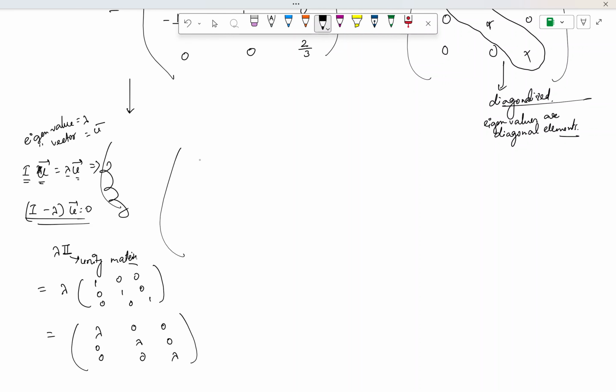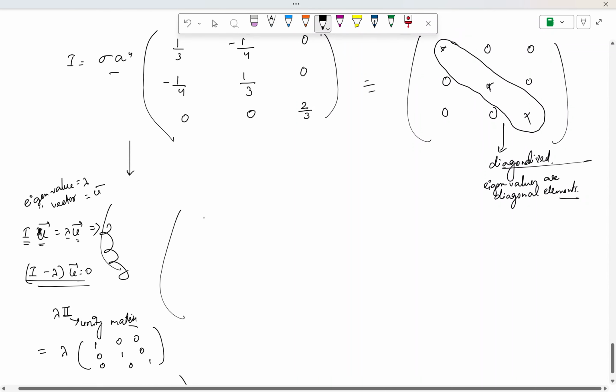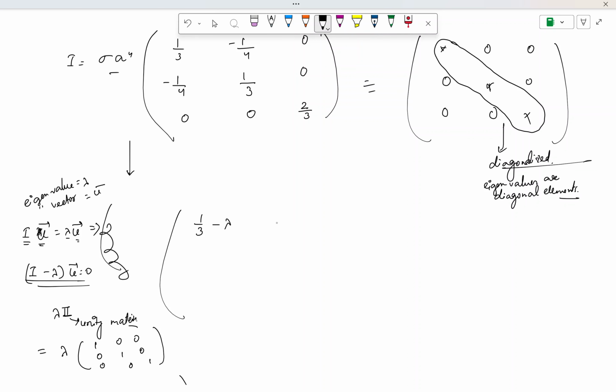So you have I minus lambda u. You have this I with 1/3 first, minus lambda will be there because you have lambda only in the diagonal terms. So all the other terms remain as they are, and only the diagonal terms are changed by a subtraction of lambda. I hope up to this everything is clear.